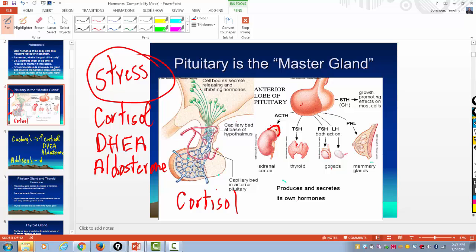When the brain, which interprets stress, is under chronic stress, that's going to stimulate the anterior pituitary to release the hormone ACTH. ACTH stands for adrenal corticotrophic hormone. That's a really fancy way of saying that's the hormone released from the pituitary gland that will cause the adrenal cortex to release its hormones.